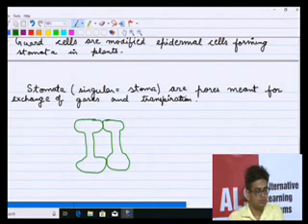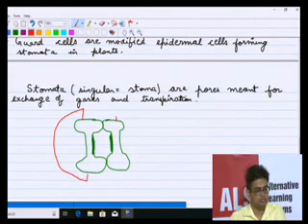Here also there is extreme thickening in this region. This cell wall is very thick, and the subsidiary cells are of different shape also. The subsidiary cell here is of this shape. This is the subsidiary cell, and this is the stoma.